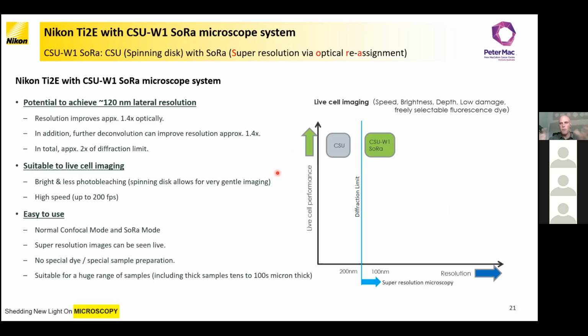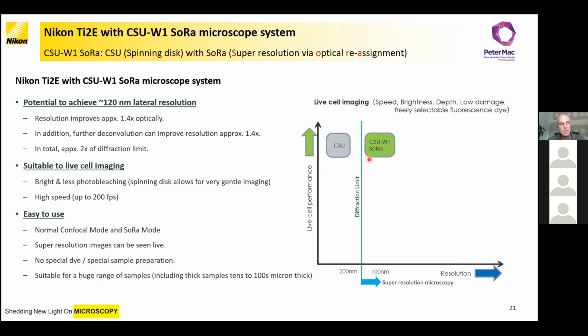So if we can wrap up what we've spoken about so far, what does this actually mean? The potential of the system with the SoRa and with additional deconvolution techniques is to achieve about 120 nanometers lateral resolution. What the SoRa system itself can achieve, over here on the right, is an improvement of 1.4 times the lateral resolution of a standard confocal system.